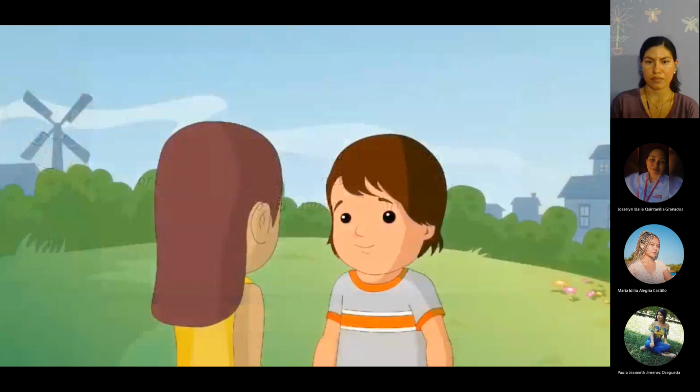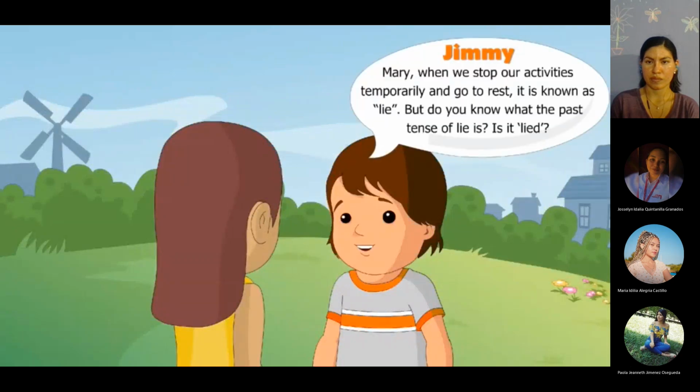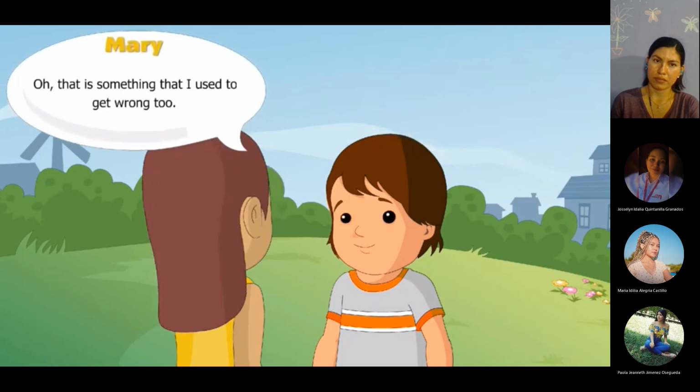Let's listen to the conversation between Jimmy and Mary. Mary, when we stop our activities temporarily and go to rest, it is known as lie. But do you know what the past tense of lie is? Is it lied? Oh, that is something I used to get wrong too.